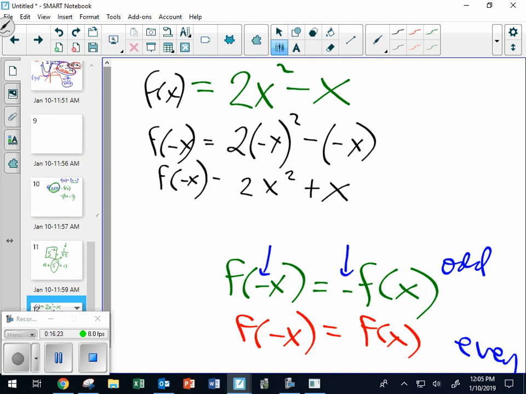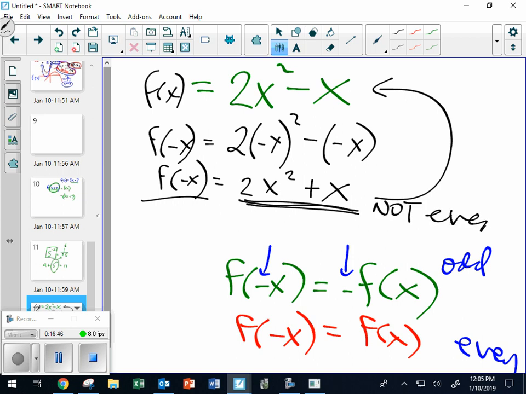Is this ringing a bell for some of you yet? And then you had to see, is this equal to this, and is this f of x? Yes or no? Is that the same as f of x? No, because f of x is up here. And so the answer is not even.